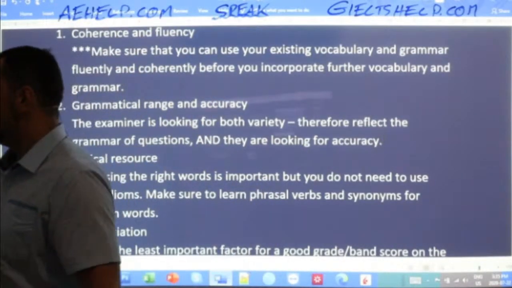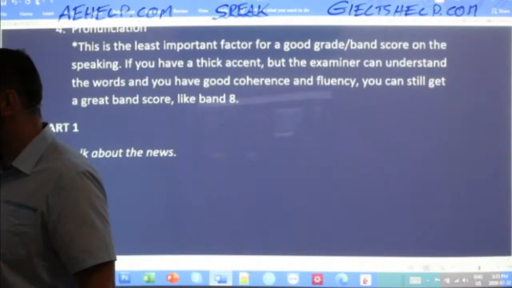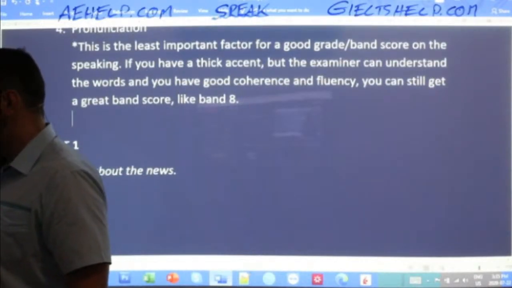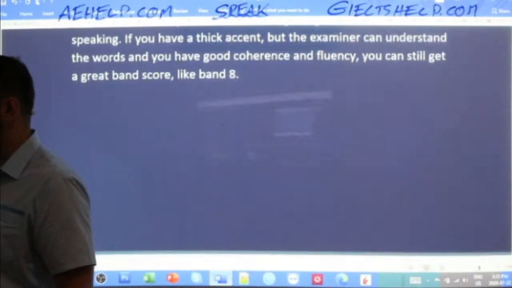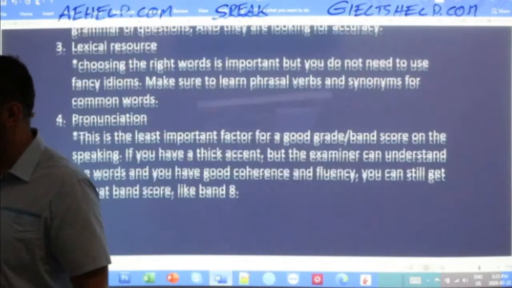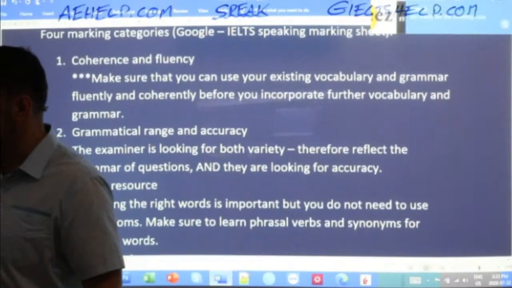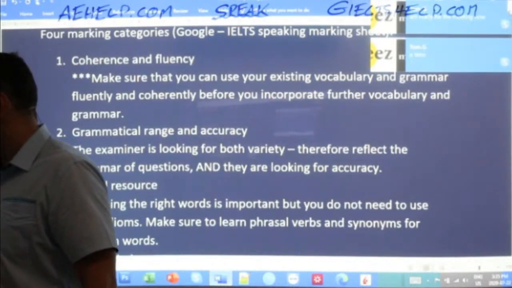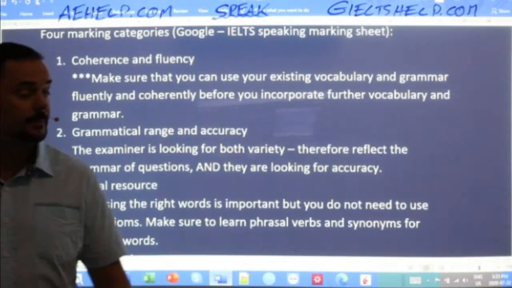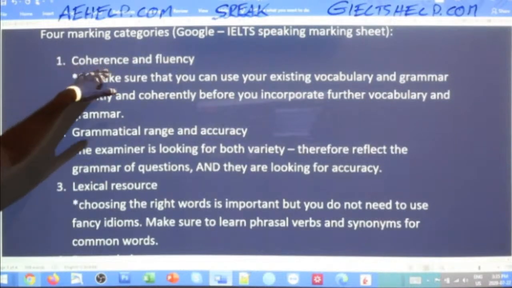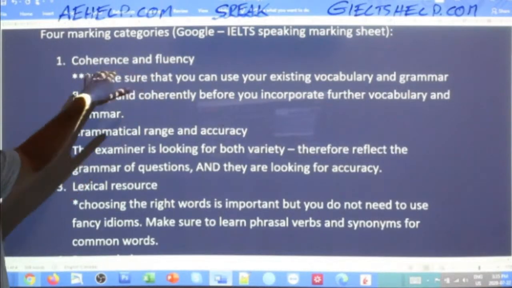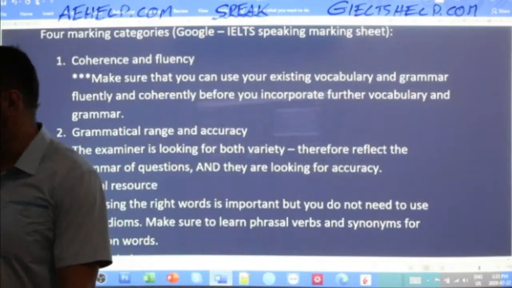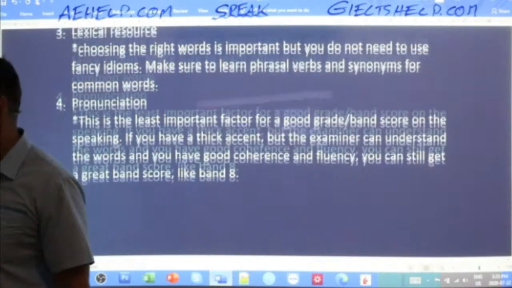Okay. All right. So one last tip here that I want to show you, how to think about this information. So remember that, again, the examiner is very, very clearly looking at these criteria. These are connected: coherence, fluency, grammatical range, accuracy, lexical resource, and pronunciation.